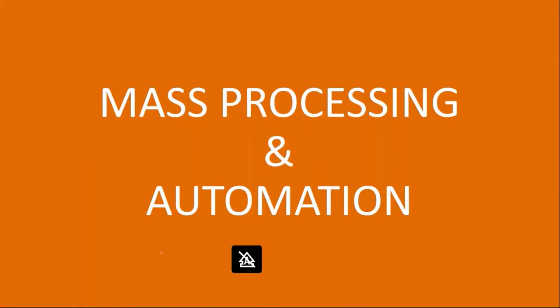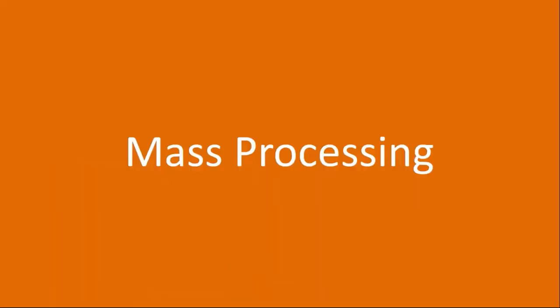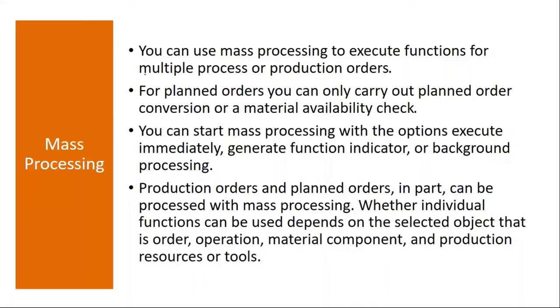So basically, first we'll start with mass processing. You can use mass processing to execute functions for multiple process or production orders. Normally when we create the order, MRP creates a planned order, then you convert that planned order to a production order.